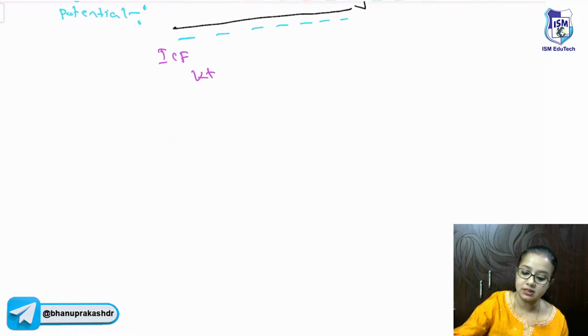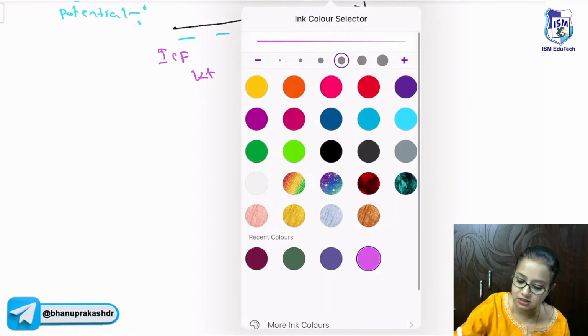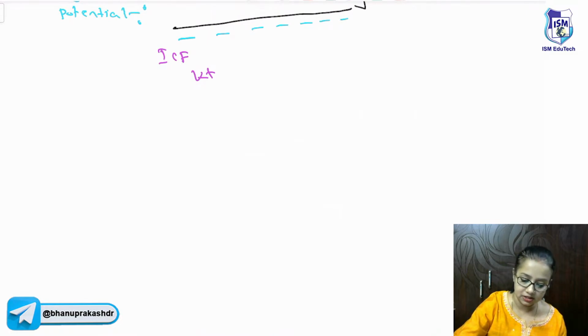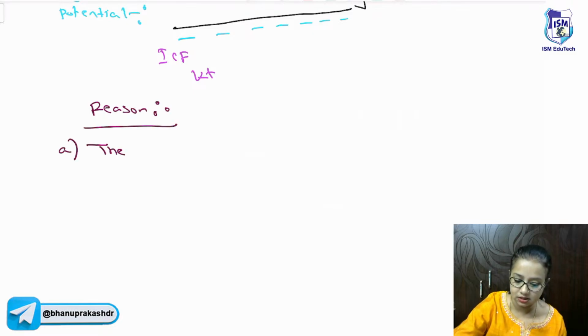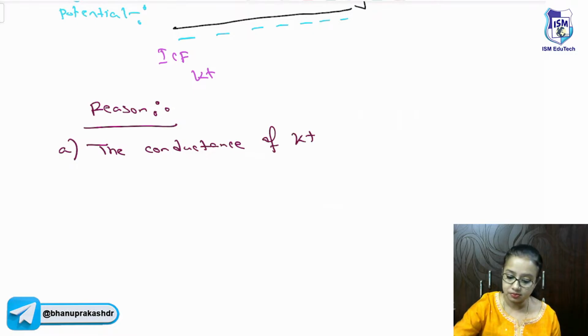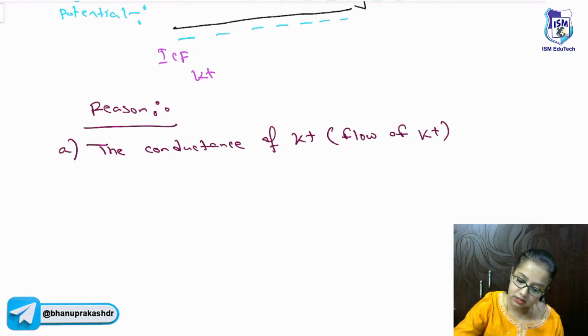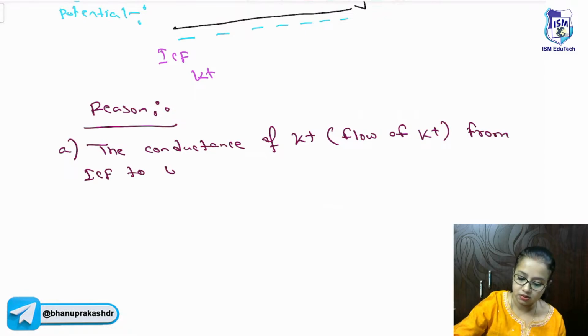Now, what makes this resting membrane potential, or why is there this resting membrane potential? The reason is that the conductance of potassium, that means flow of potassium from ICF to ECF, is very slow.